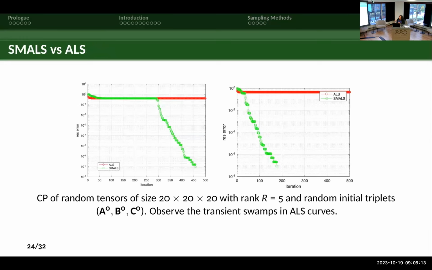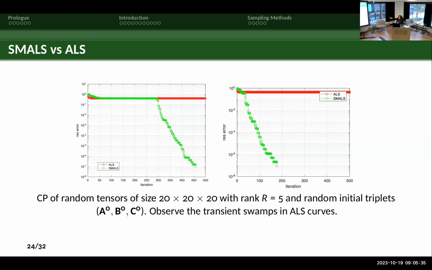Okay. So again, this is an example of a numerical test between ALS and SMALS. If there is a swamp in the ALS, the SMALS can alleviate that.